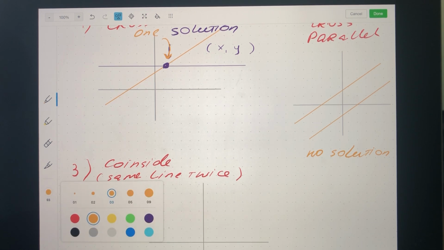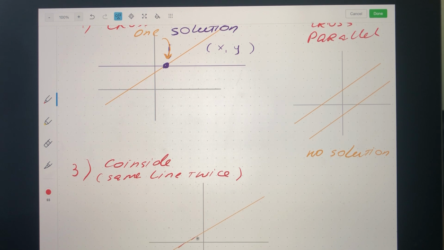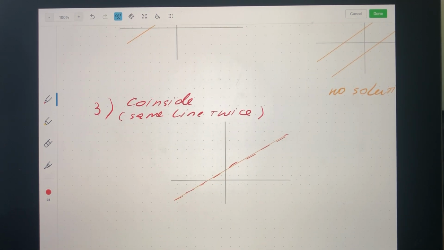Let's say the first one went like this, and the second one would retrace it. Every single point that is on the first would also be on the second. We are looking for the place where the two lines cross, and every single point on the first is also on the second, which means we actually have infinitely many solutions.